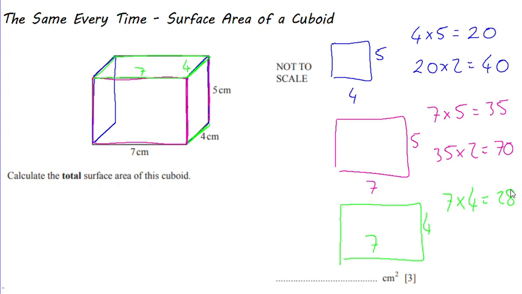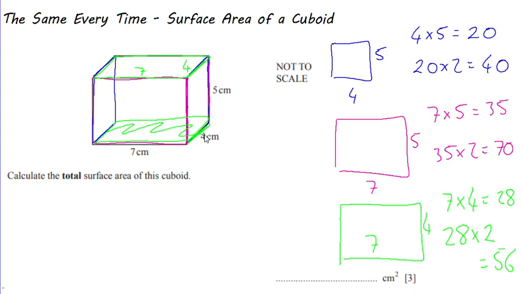Doing this non-calculator, as I keep saying, remembering that one of the Cambridge papers these days is non-calculator. 7 by 4, 28. Remembering there are 2 of those. 28 times 2. Well, that's going to give us 56, isn't it? And that's the total area for the top face and the bottom face. The ones I've drawn in green there would be 56.